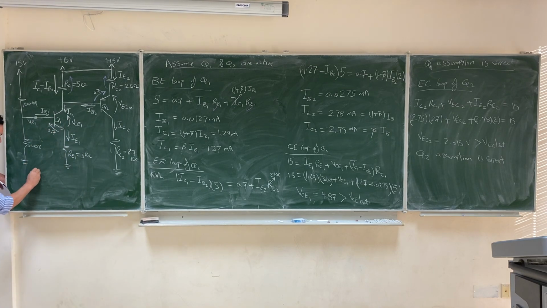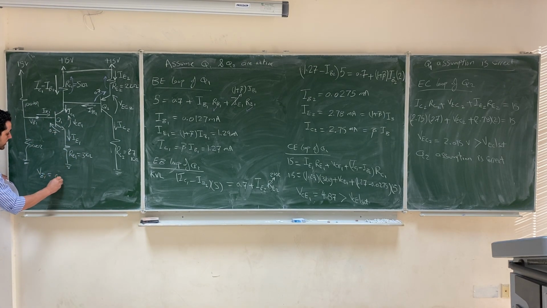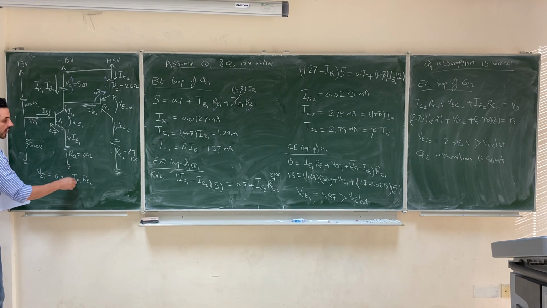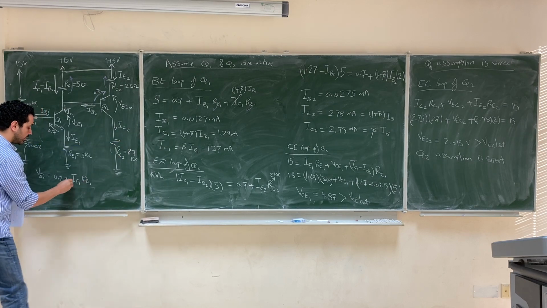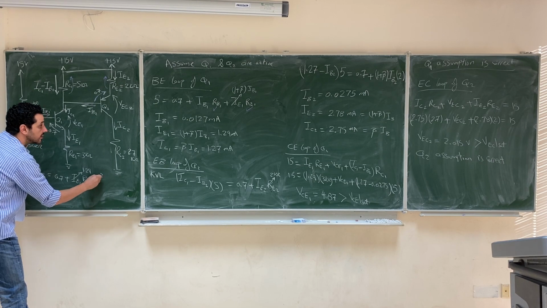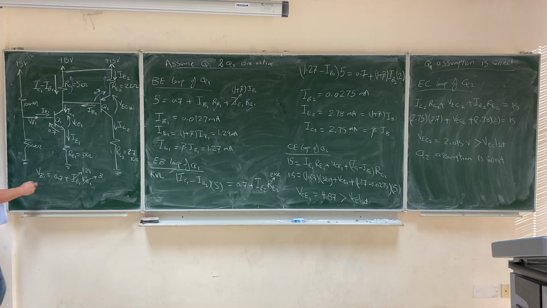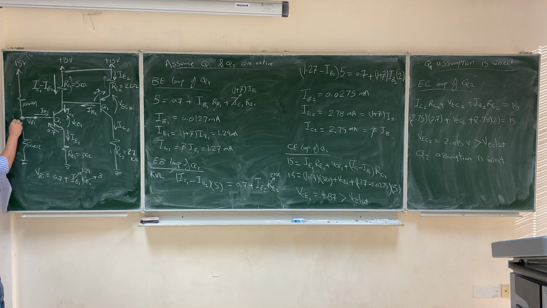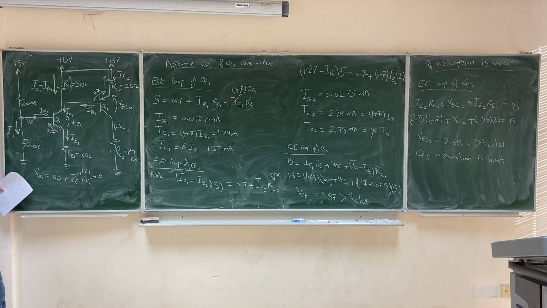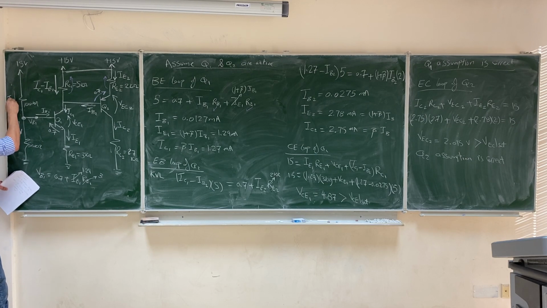We can say that V base 1 equals 0.7 plus the drop across this resistance, IE1 RE1. IE1 was already calculated to be 1.29 milli, and RE1 is 3 kilo. So you can calculate VB1. Once you calculate VB1, which is the voltage here, you can calculate the current here, let's call it I1, and the current here, let's call it I2.